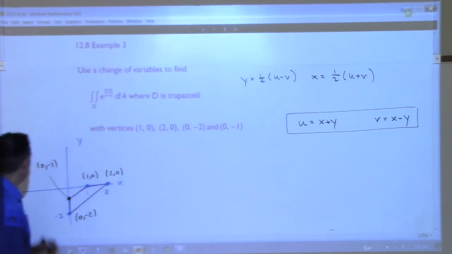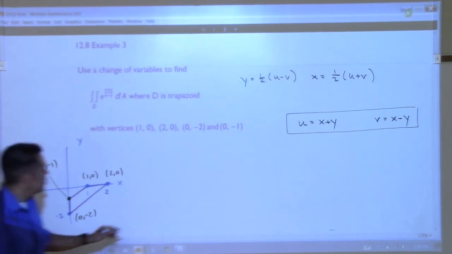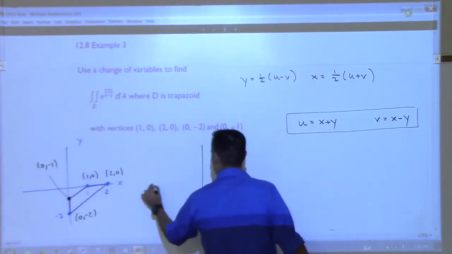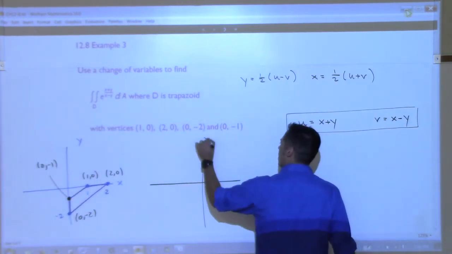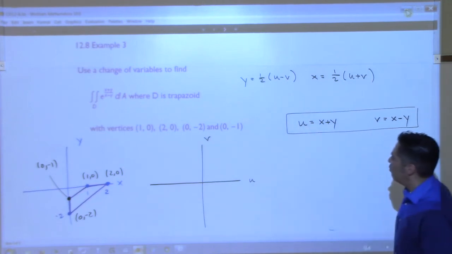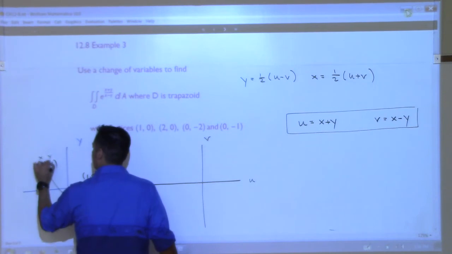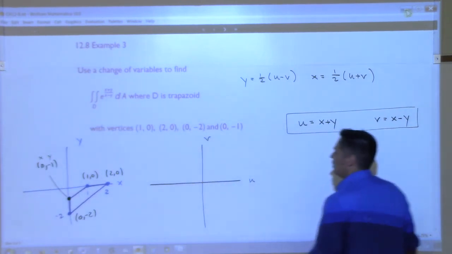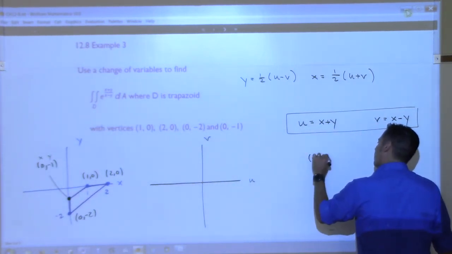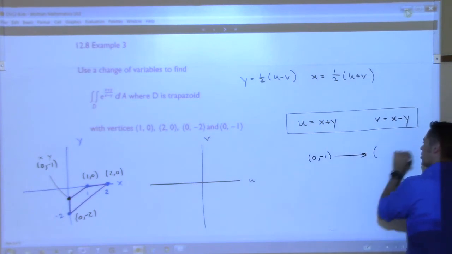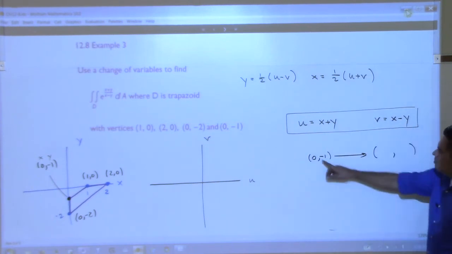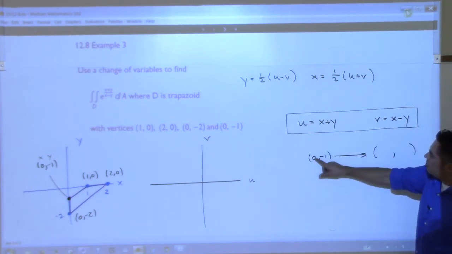So here we go. Let's see where this point goes. I'm going to draw the UV plane right here. Here's U, here's V. So that point, 0 for X, -1 for Y. Where does 0, -1 get transformed into? Let's see what the U becomes.